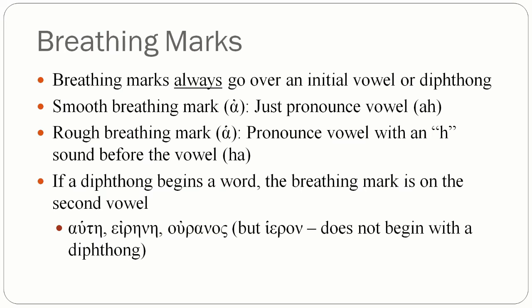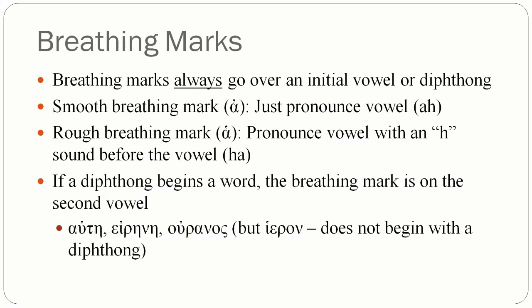Okay, the second word there, epsilon, iota, rho, eta, nu, eta. It begins with a diphthong, epsilon iota. Okay, that is a diphthong. And so this one is now a smooth breathing mark. This one just pronounced a. Okay, a, re, ne is how you say this word.